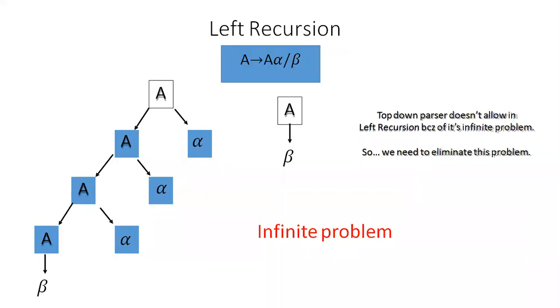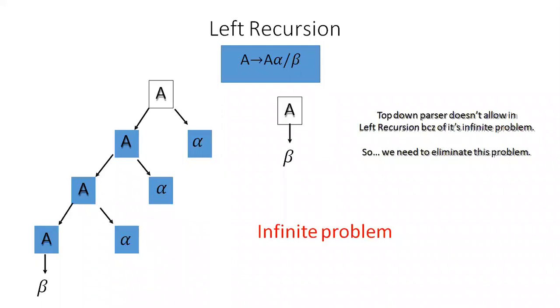See here, we have a structure. Structure in the sense, here we have a grammar rule: A tends to A alpha or beta is a given grammar. With the given grammar, we are deriving an input sentence.